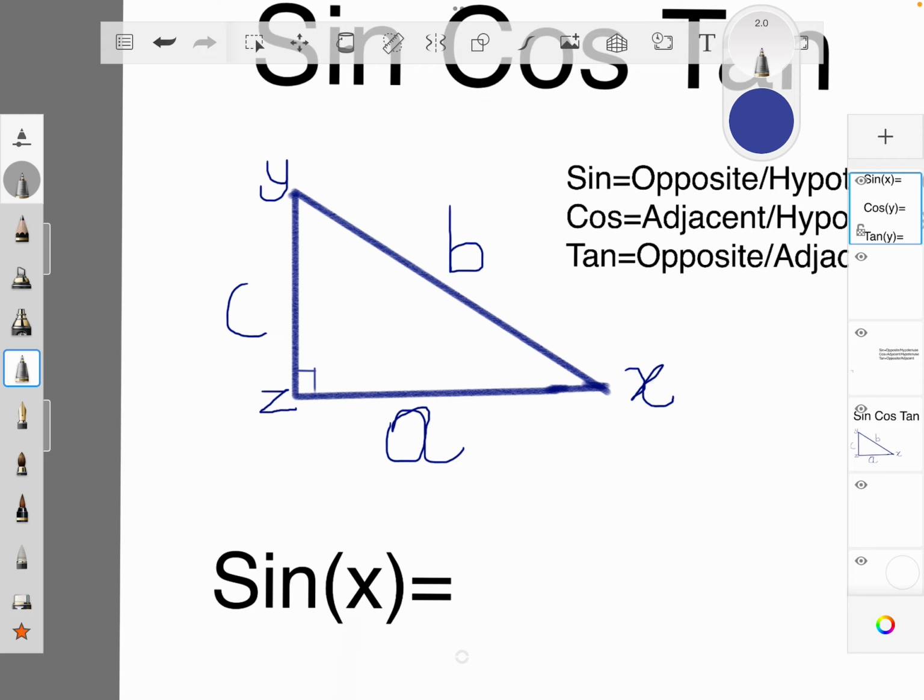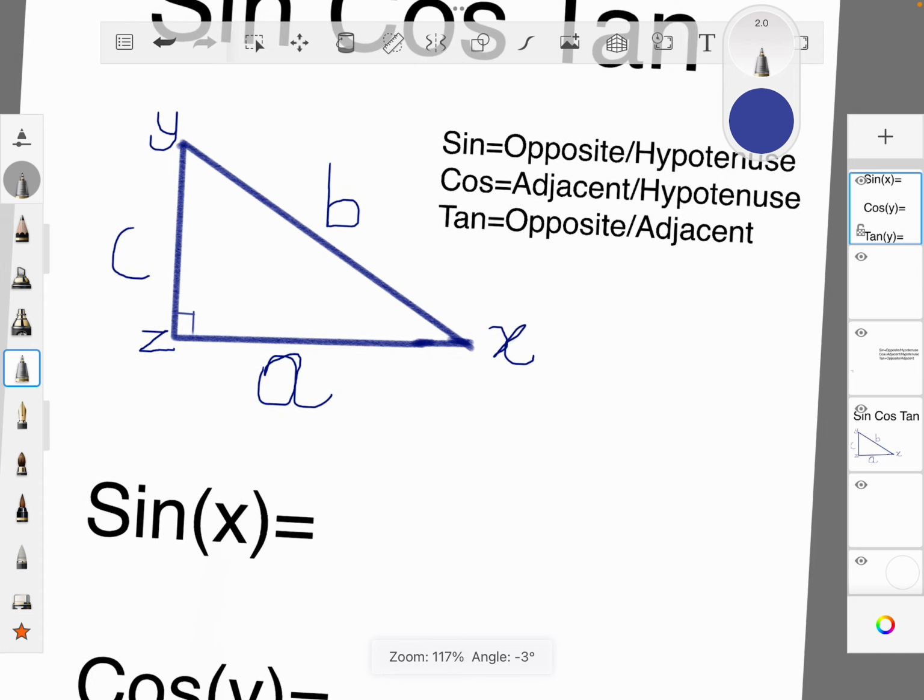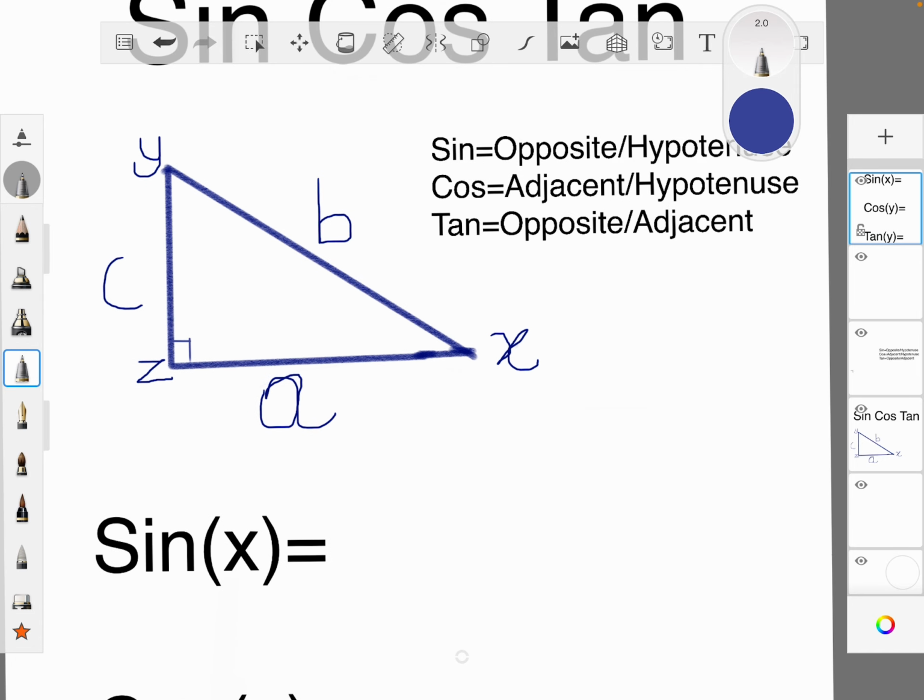So if we look at the triangle over here, we can see that x is in the 30-degree corner or angle, and y is the 60-degree angle. Now, sine equals opposite over hypotenuse. So if we look at x, we can see that x is opposite to the side of C. Remember that when they talk about opposite, they don't mean the opposite angle, but rather the opposite side.